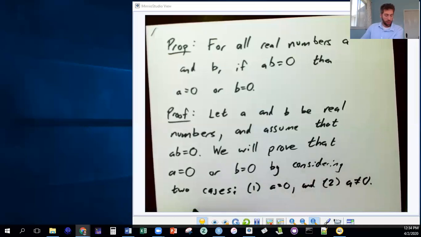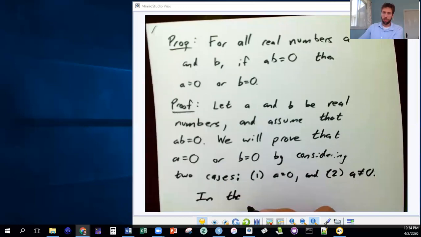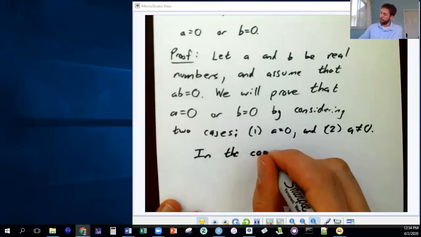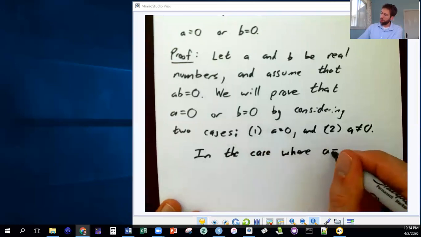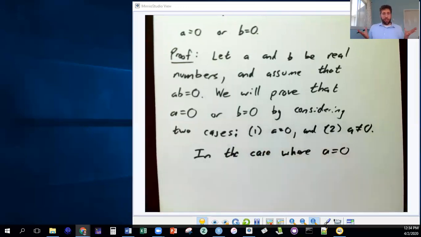So now, in the case where A equals 0, this is our simplest case. We're trying to prove that A equals 0 or B equals 0. If A equals 0, then A equals 0 or B equals 0 is true.